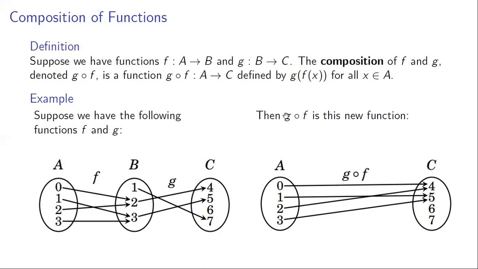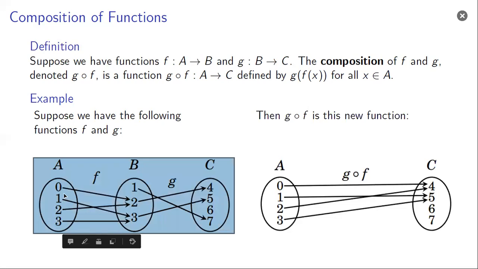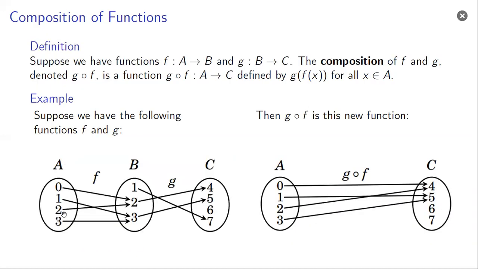The idea is that g circle f is g after f. One way to read this, it's not the technical way to read it, but the intuitive way to read this is g after f, meaning first do f and then apply g to that result. So for example, if you have this 1 here, first apply f, so that gives you 3.